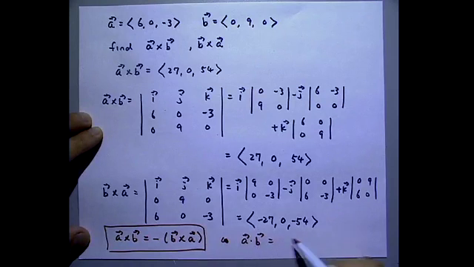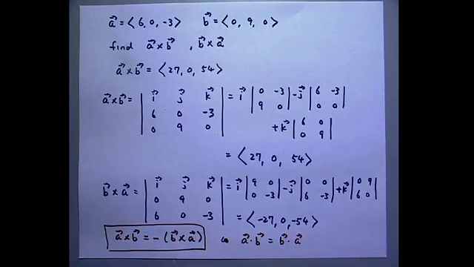In dot product, we don't have that problem. In dot product, A dot B and B dot A give you exactly the same number. But here, things are slightly more complicated than a dot product.